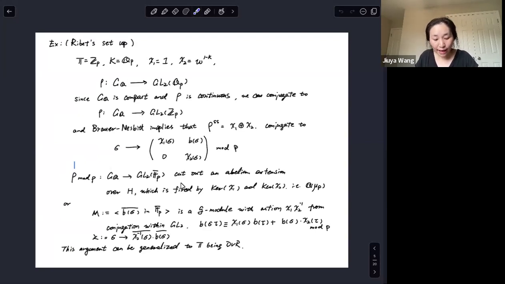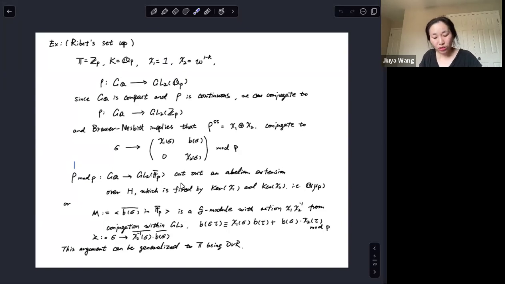In his case, T is just Z_p and K is Q_p. The two characters that approximate the eigenvalues are the trivial character and the Teichmüller character raised to a certain power.